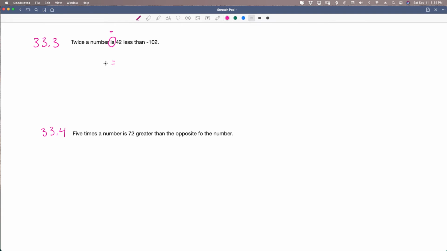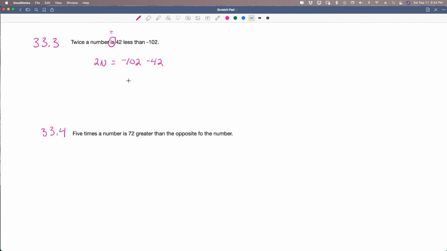So I look over to my left and I say twice a number, that's 2n, is 42 less. So that means I'm going to be taking 42 away from this here, from whatever this is. It's 42 less than this number.